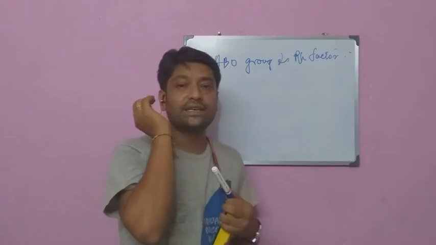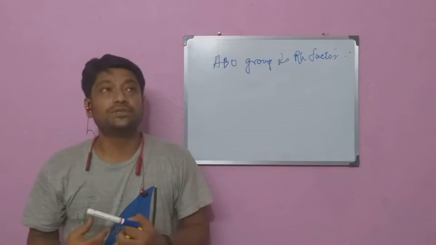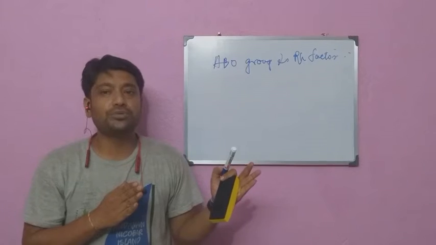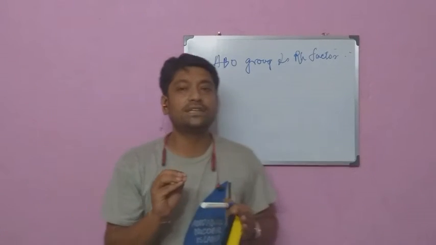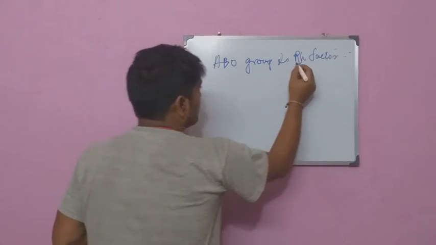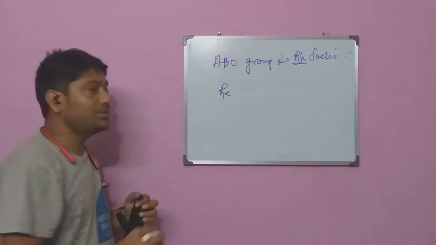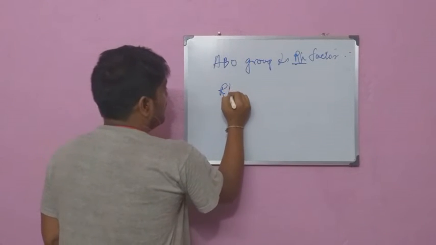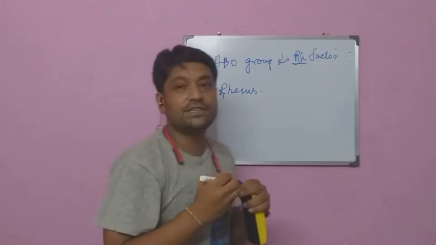Look, students, during blood transfusion, the two most important group systems examined are the ABO system and the Rhesus system, the Rh factor.